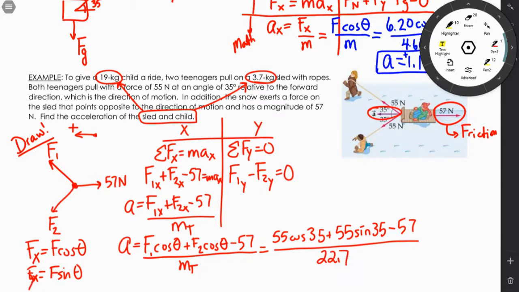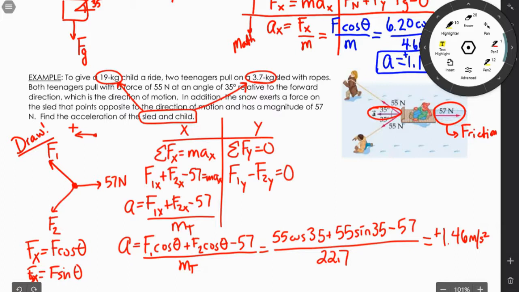Okay, so then we're going to plug all this stuff in. So you got an acceleration of positive 1.46 meters per second squared.